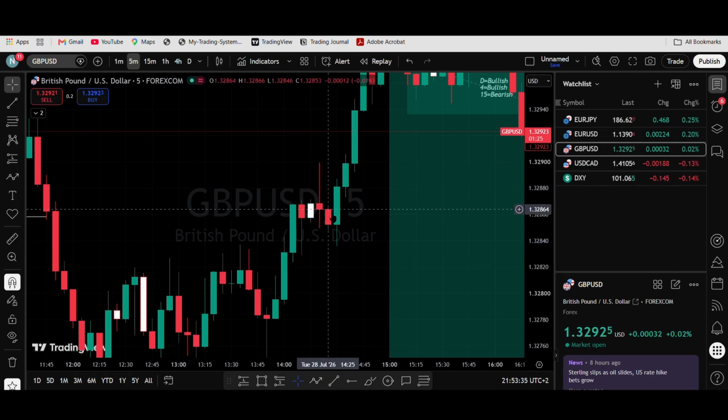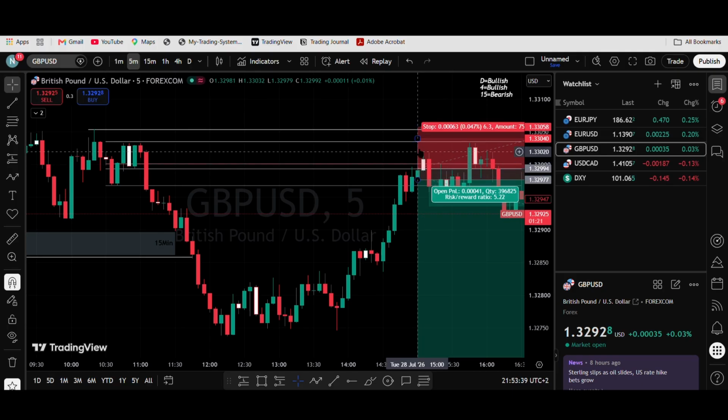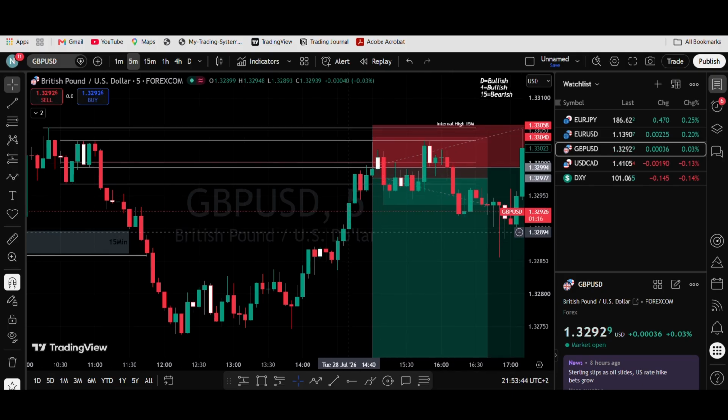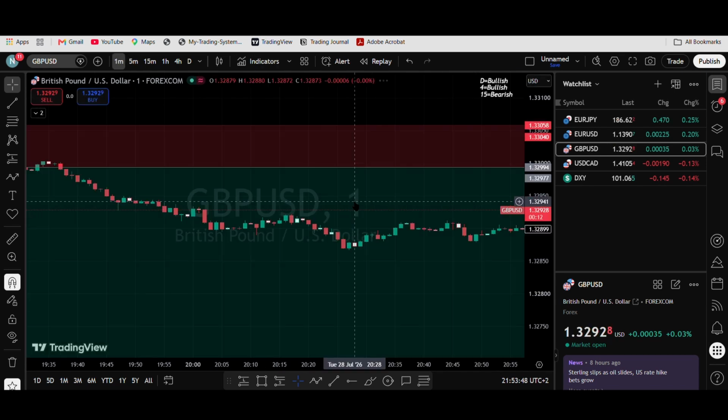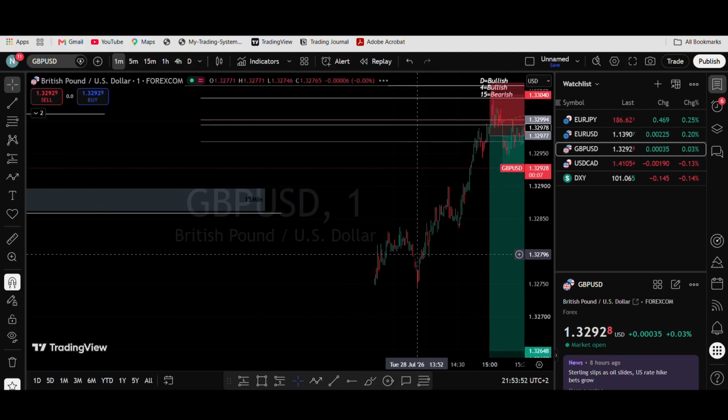But it's a valid entry model, not the best looking, right? But it's kind of valid that when you do get this M15 candle close, it's a valid model. Or rather, let me go to the 1 minute so it makes a little bit more sense.